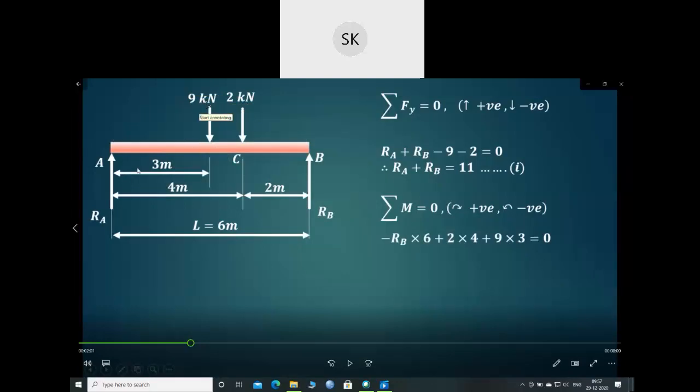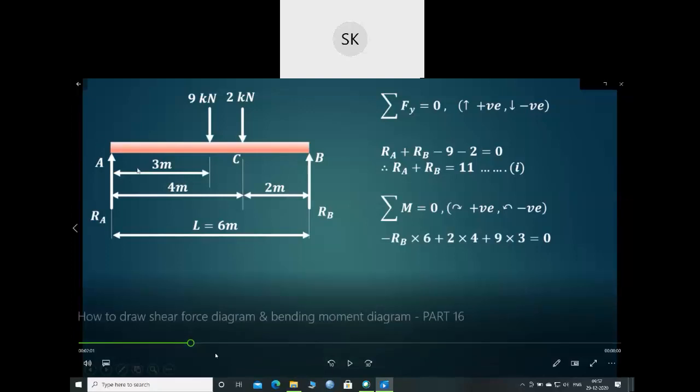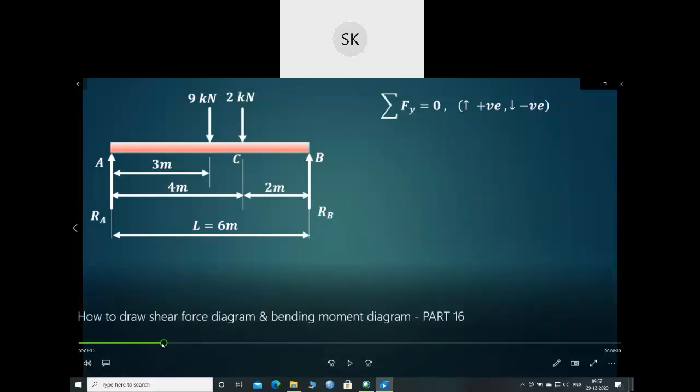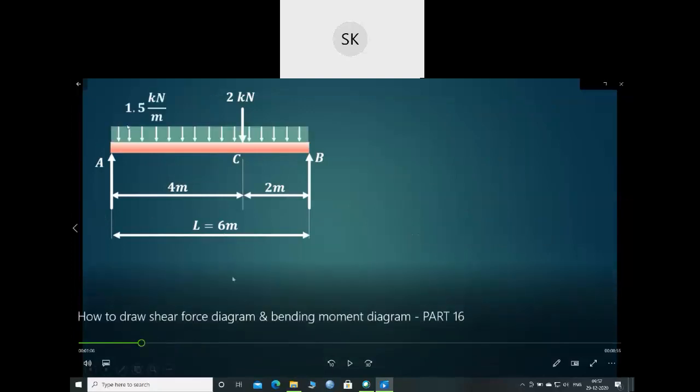What we have done: our load was 1.5 kilonewton, and if you multiply with 6, it converts into 9 kilonewton, right?